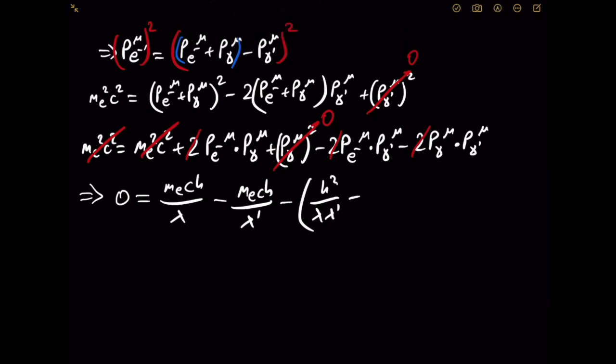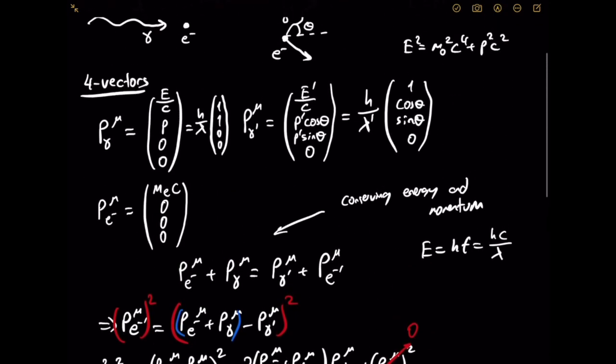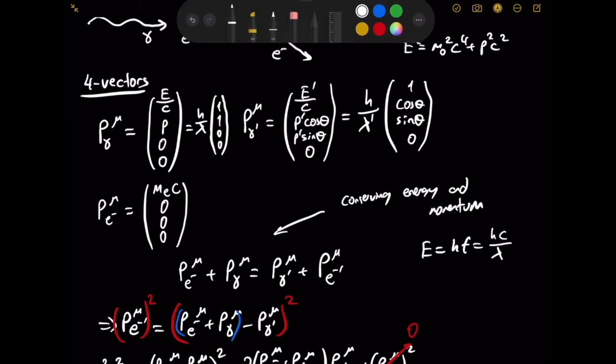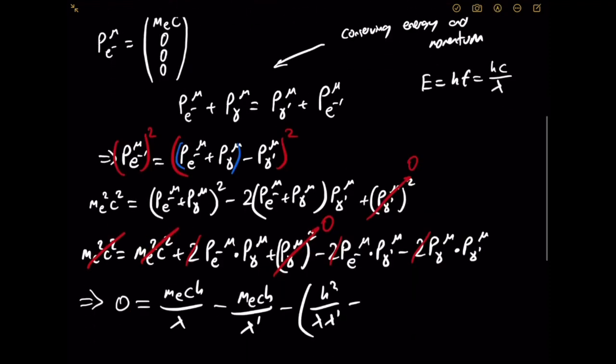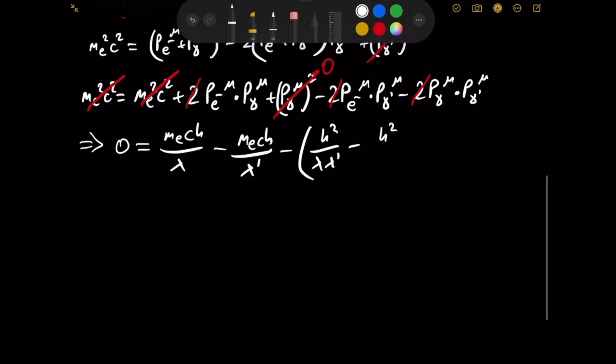We are doing the funny looking dot product, the Minkowski product. And look at this, this one won't matter. We will only deal with this part. So we have this and this multiplied with the factor in front, so h squared over lambda lambda prime cosine of theta. And if I distribute the minus, we get this. Now h will simplify. Some of them will simplify actually.